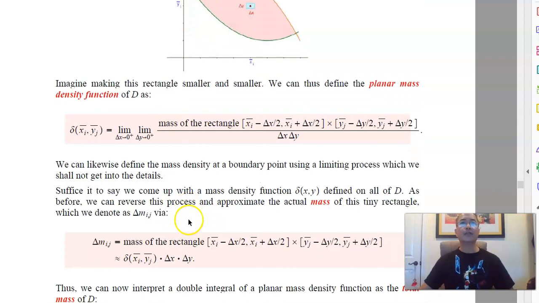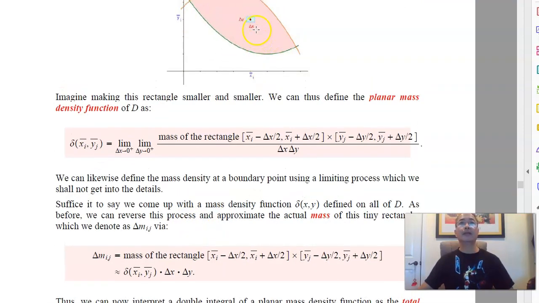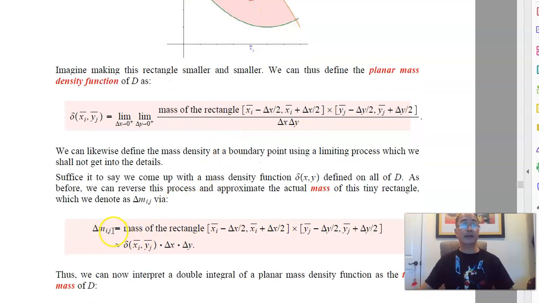So going backwards, if you want to approximate the mass of this little rectangle, then this mass is approximately the density times the area. We just move the area over to the other side.